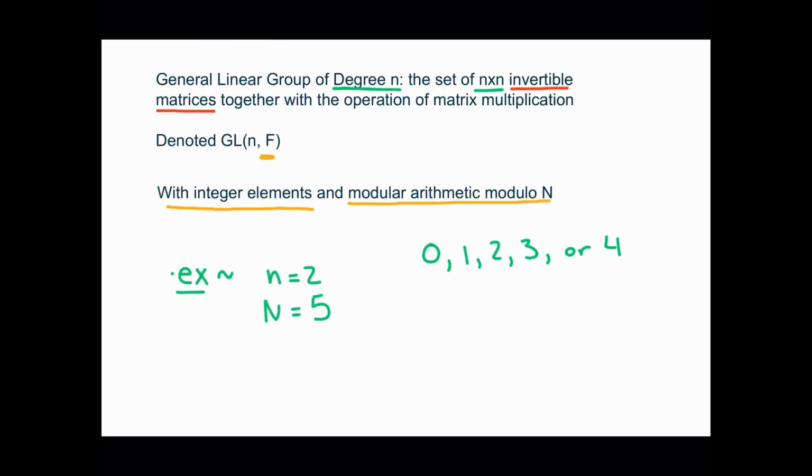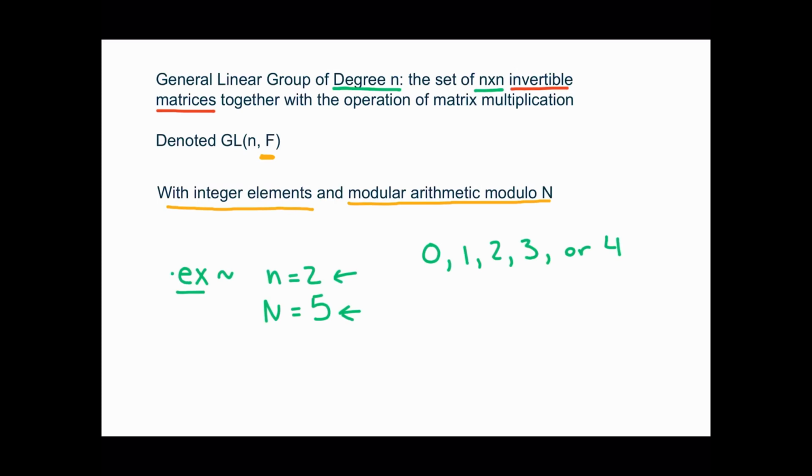So once again, if I choose my degree, lowercase n, to be 2, I know that I'm working with 2 by 2 matrices. And if I choose my uppercase N to be 5, then I know that the integer elements in my 2 by 2 matrices are going to be limited to the result of any integer mod 5.